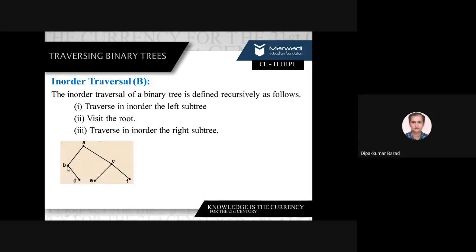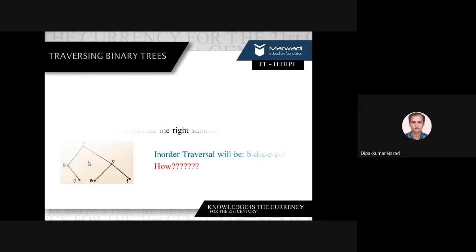But we haven't this left, so first we visit the root B, then D and A. Again the left subtree E, then C and F. In this manner I get the order B, D, A, E, C, F. So this is in-order traversal. I hope everyone is clear on this.